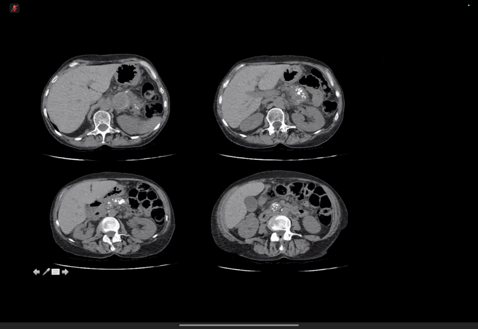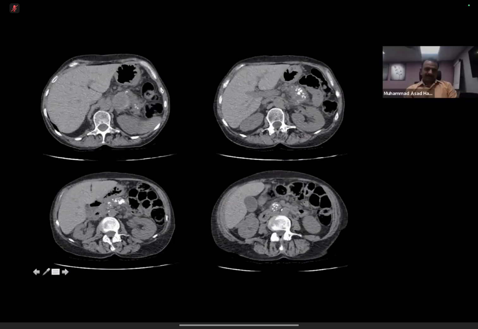You can see a hypodense lesion, I assume, posterior to the pancreatic body and tail, in the region of the splenic vessels.